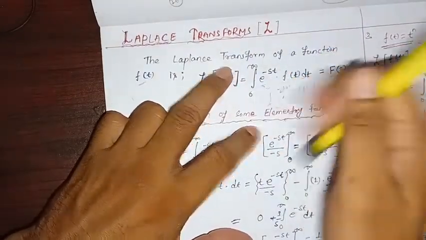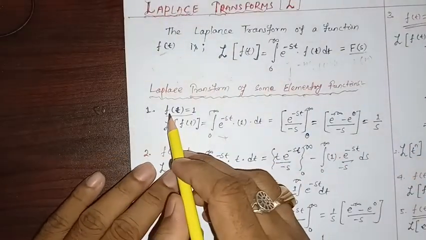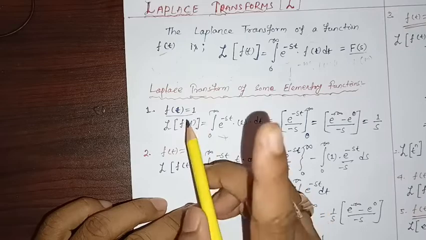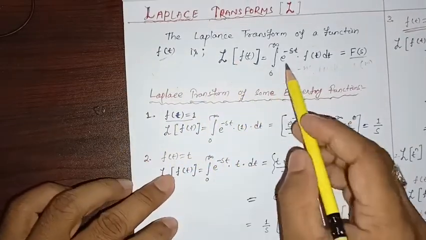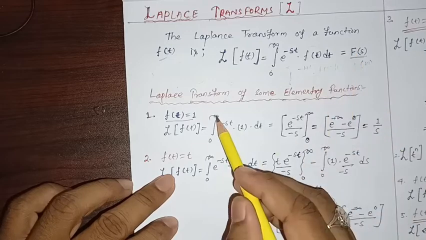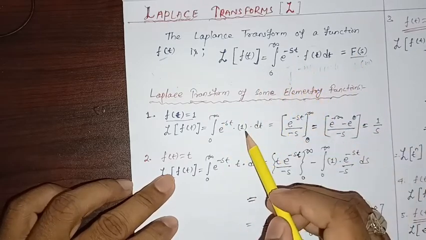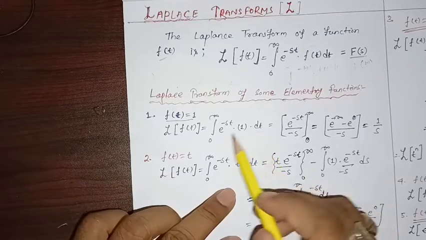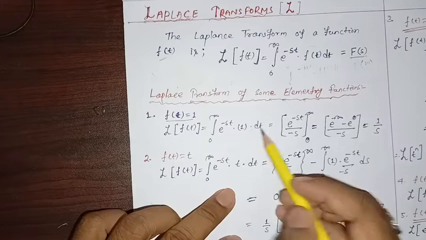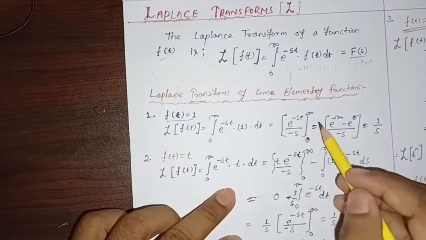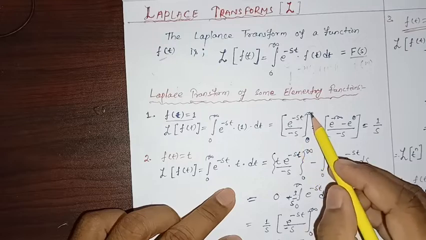So first we are going to consider our first function, f(t) equal to 1. Then the Laplace transform of f(t) is the integral from 0 to infinity of e to the power minus st into 1 into dt. Here we integrate e to the minus st dt, which gives e to the minus st by minus s, from 0 to infinity.